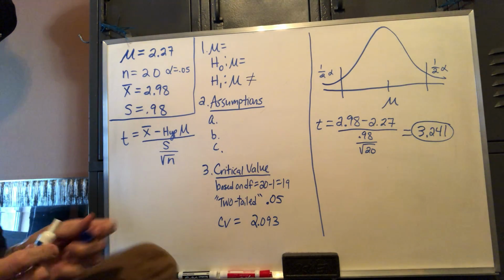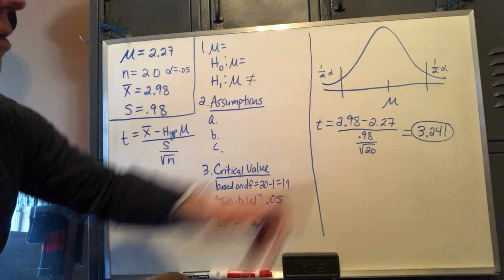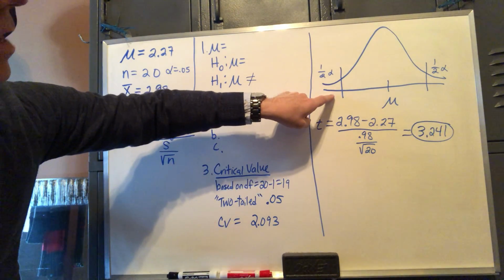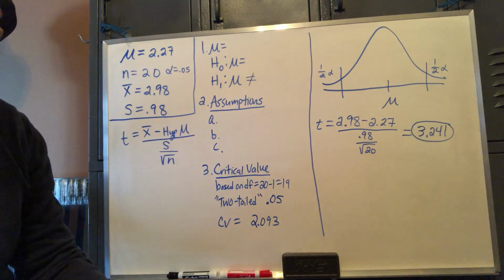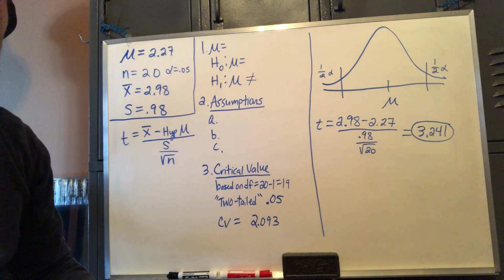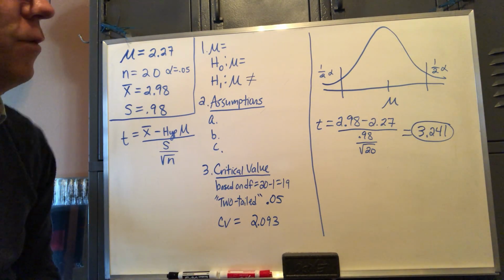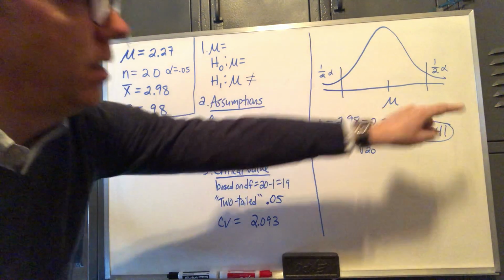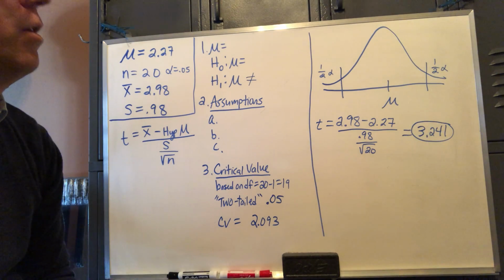If our sample falls in either one of those half alphas, we're going to reject. If it falls in the middle, we're not going to reject. It's close enough, so there's not enough information to say it's different.